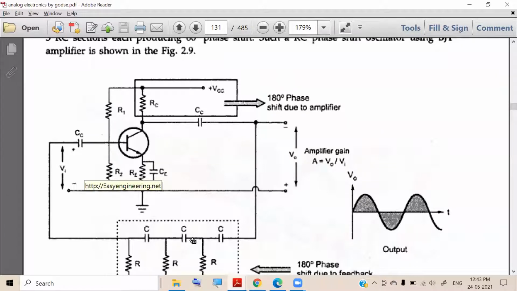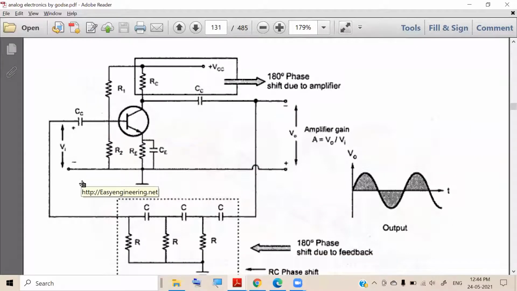Same for Hartley, same for Colpitts, same for RC phase shift. How many degrees of total phase shift? 360. Very good, correct answer. Total phase shift around the closed loop should be 0 or 360 degrees.